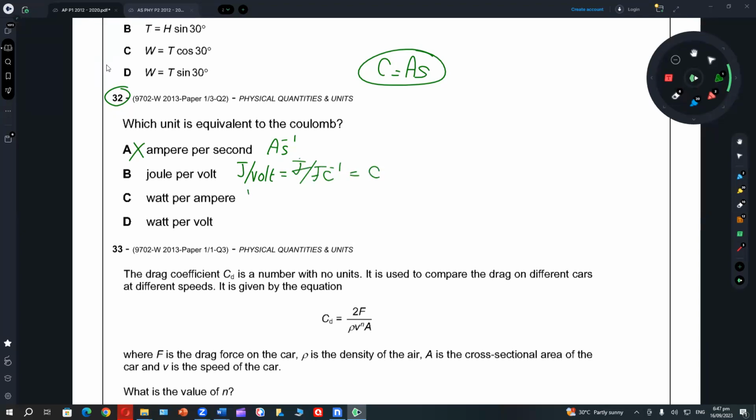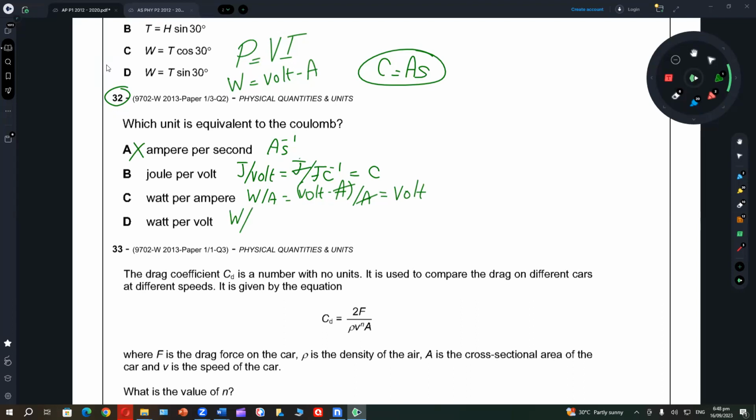Watt per ampere, W per ampere. What is watt? If I recall, the famous formula P is equal to VI. So power is watt. Watt is equal to volt into ampere. So it is volt into ampere upon ampere. Ampere cancels. It comes down to volt. Watt per volt.